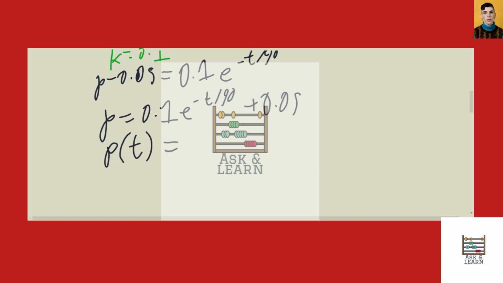And p of t is going to be equal to, we could factor out 0.05, or 1 over 20. The order doesn't matter, so we take this term first, and if you factor 1 over 20 out of 0.05, that's going to be 1. And when you factor 1 over 20 out of 0.1, you're going to have 2, so 2e to the negative t over 90. That's our final answer for what the function is.